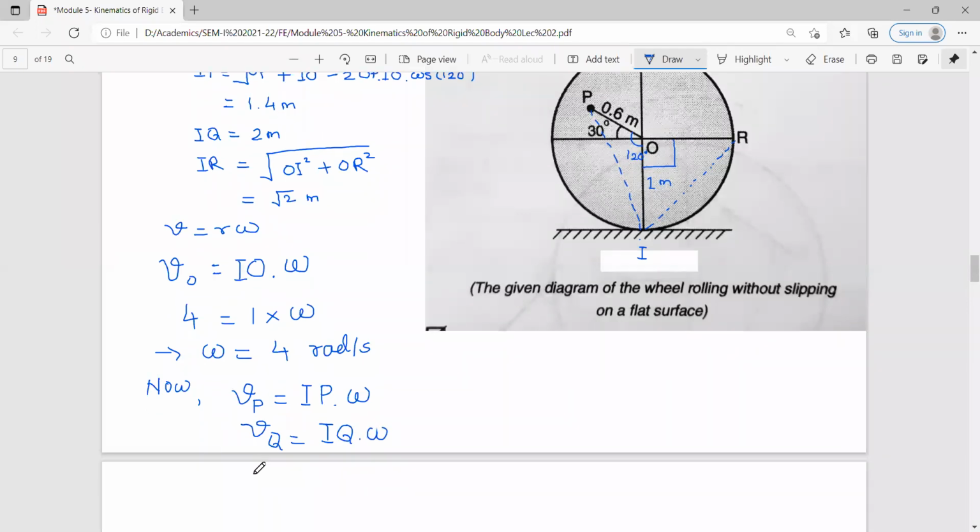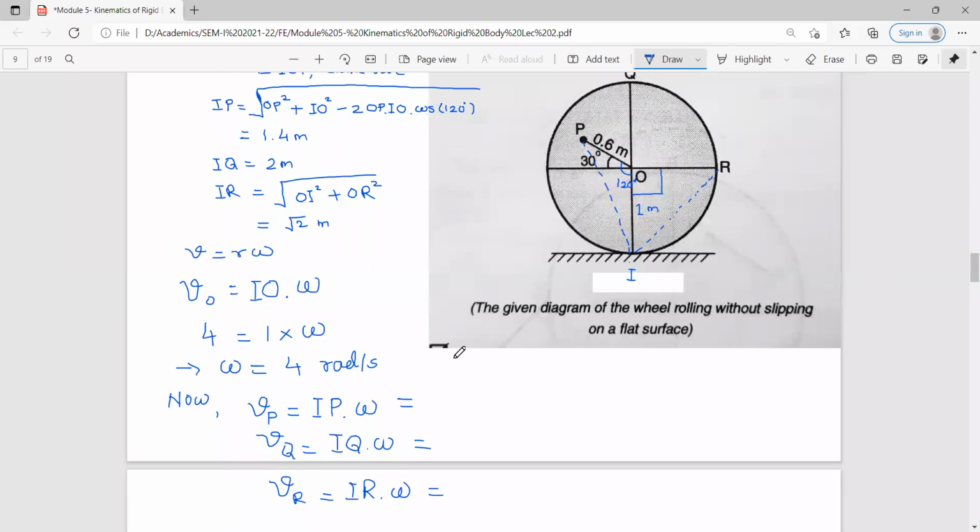And lastly, velocity of point R is equal to IR multiplied by angular velocity. Okay, so you all calculate these values and tell me the answers, what figures you are getting.